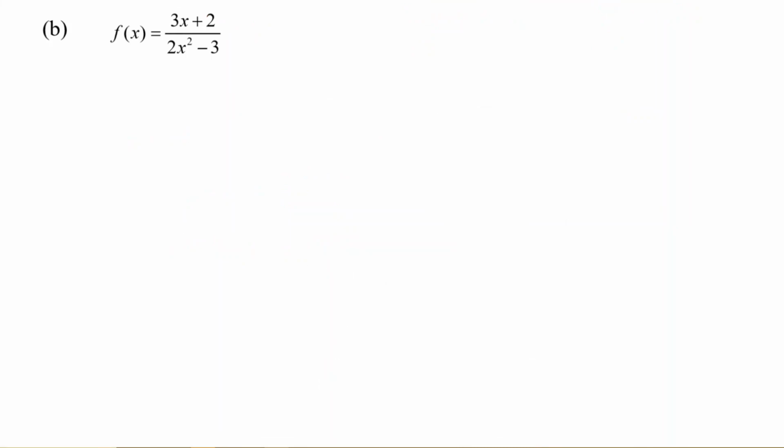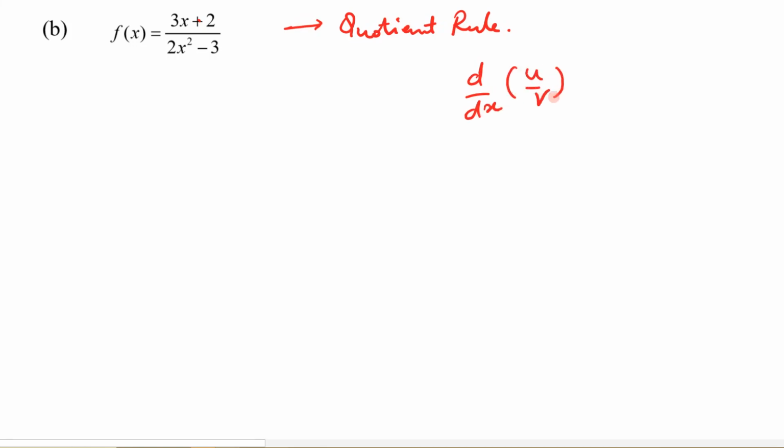Let's do one more example. Again, here we have the u over v form, so we're going to use our quotient rule. If you remember, the quotient rule is the derivative of u over v, where u and v are functions of x: low D high, where low is v and D high means du over dx, minus high D low over the square of what's below.